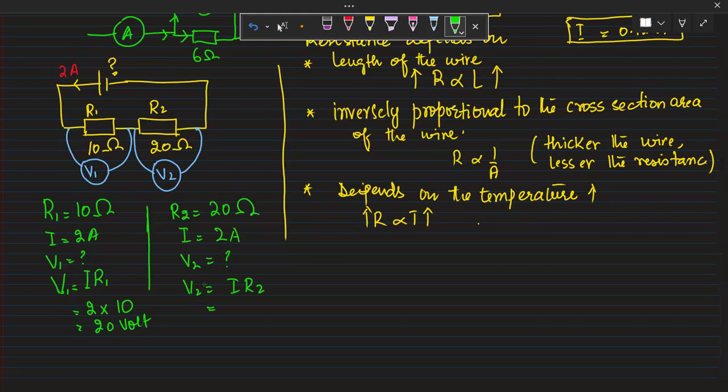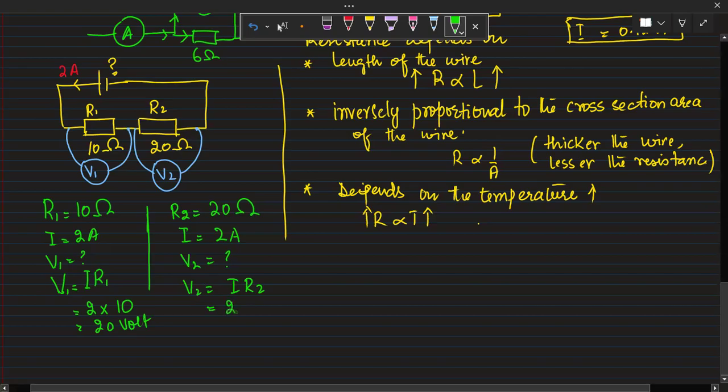It can change when you increase or decrease the resistance or any load. The total current will flow equally through each component in a series circuit. Clear? Now I is 2 ampere and resistance is 20, so you got 40 volt here, right?